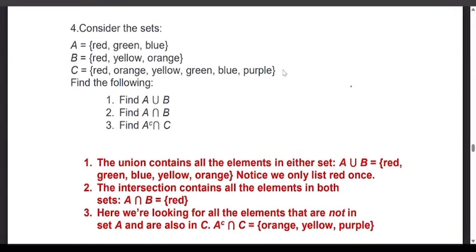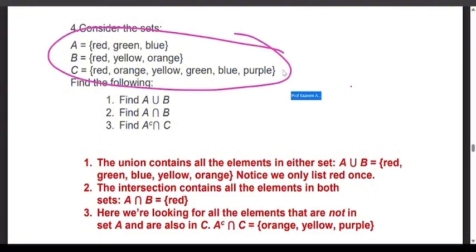Now you are given sets A, B, C. Take a look at what you have. They want to figure out A union B. How do I figure out A union B?